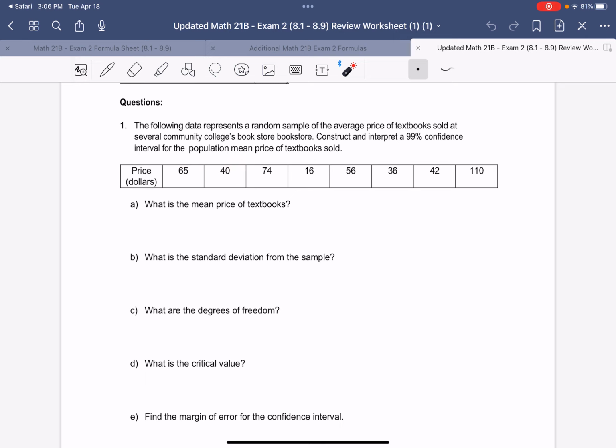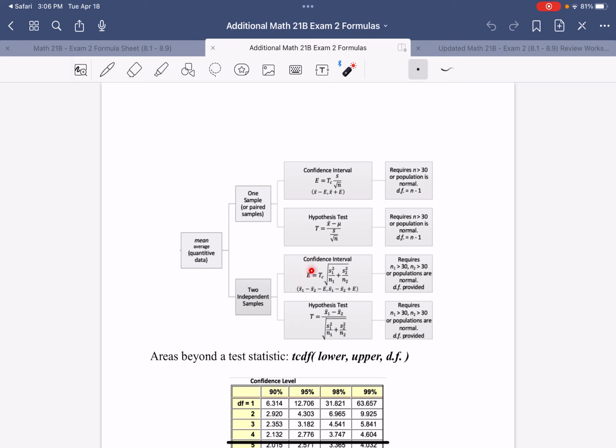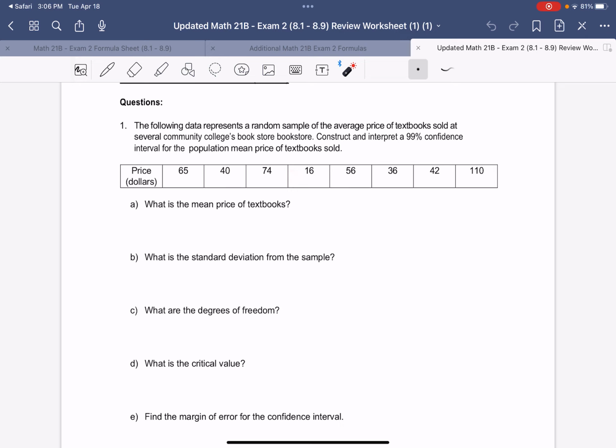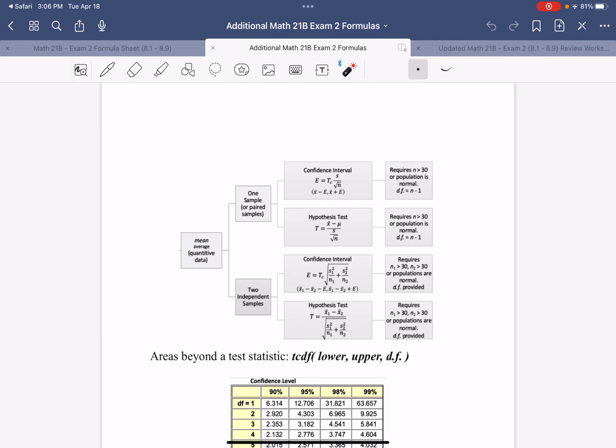All right, so first thing, let's identify where on this flow chart we are going. Obviously we're starting here with the mean average, but tell me, for this problem, are we dealing with 1 sample, 2 paired samples, or 2 independent samples? 1 sample, good.